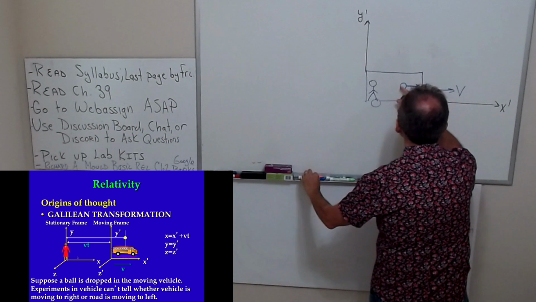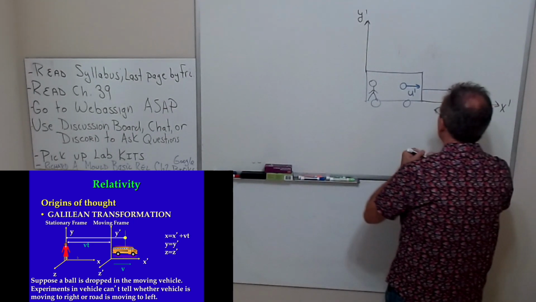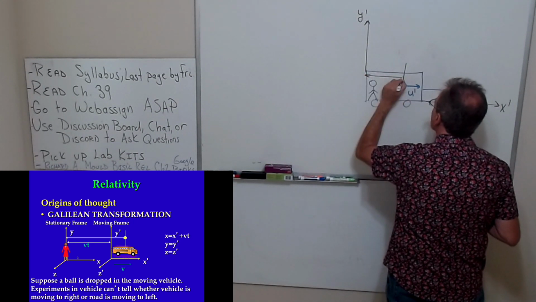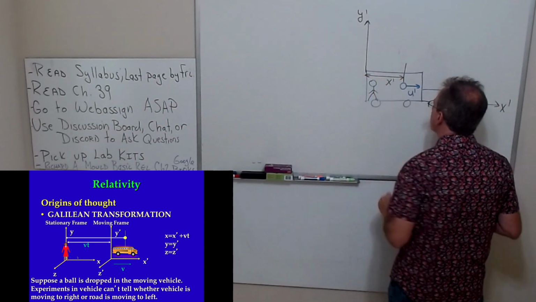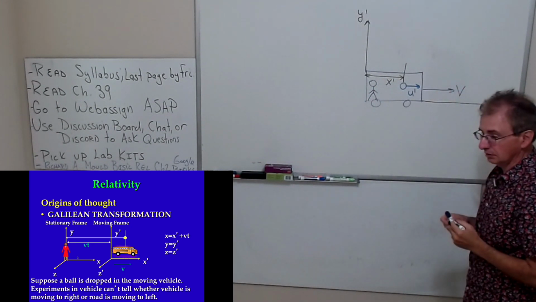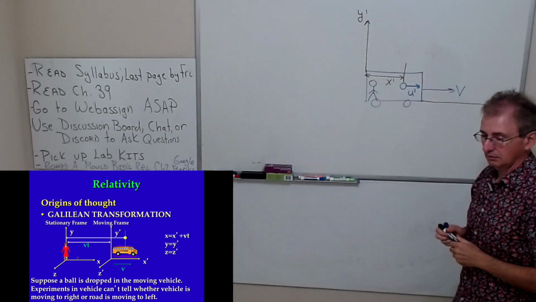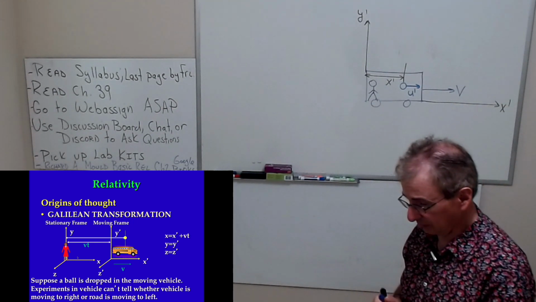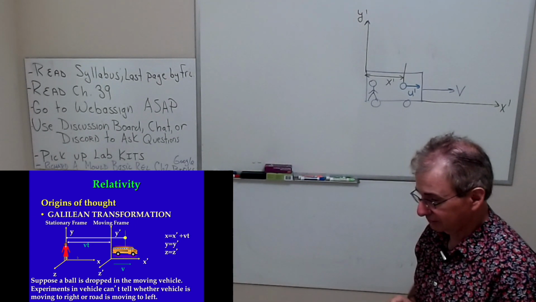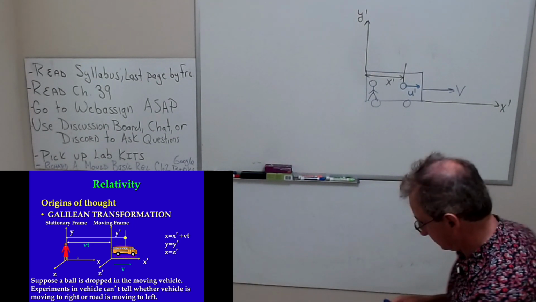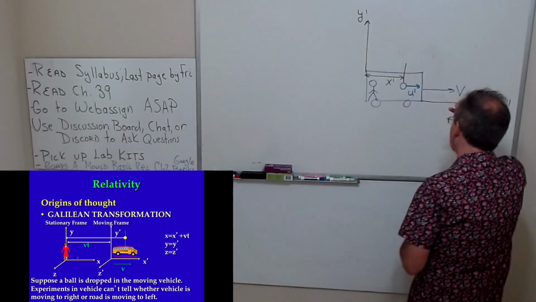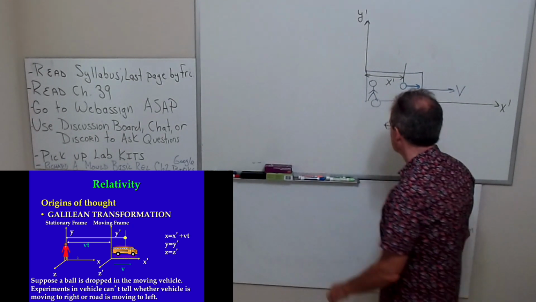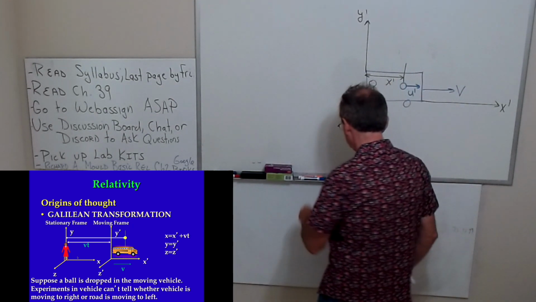At this moment in time, its location is x prime from the origin, or from where one of us threw it. Does that make sense so far? Now, let's suppose we have some observer outside the bus that's fixed.